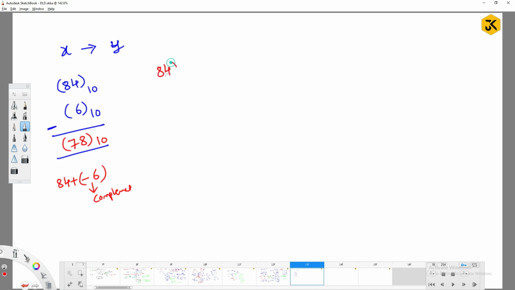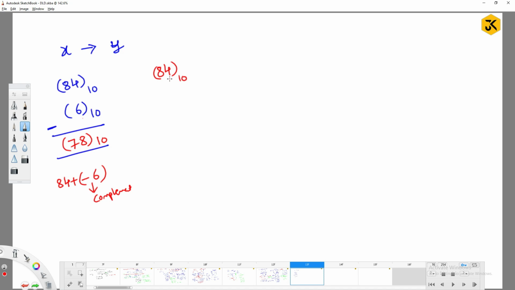So 84 base 10 is as usual. For 6 base 10, what is the complement of 6? 99 minus 6. As per understandability it is a single line: 9 minus 6 is 3.